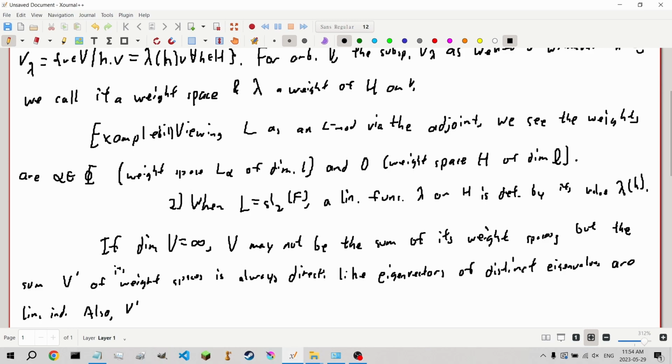Also, V prime is an L submodule of V, as L alpha for alpha a root permutes the weight spaces.